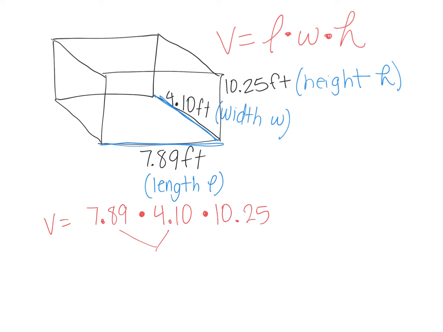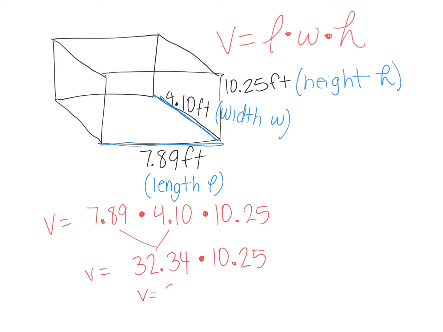So I'm multiplying 7.89 times 4.10, and I get 32.349. I'm going to eliminate the 9, just go 2 places past the decimal. So I'm going to say 32.34, and you should be checking this on your calculator with me as we're doing this together. And I'm going to bring down my multiplication symbol and times that by 10.25, and that's going to tell me what my volume is. So take your 32.34 and go ahead and multiply it by 10.25 to find your volume.